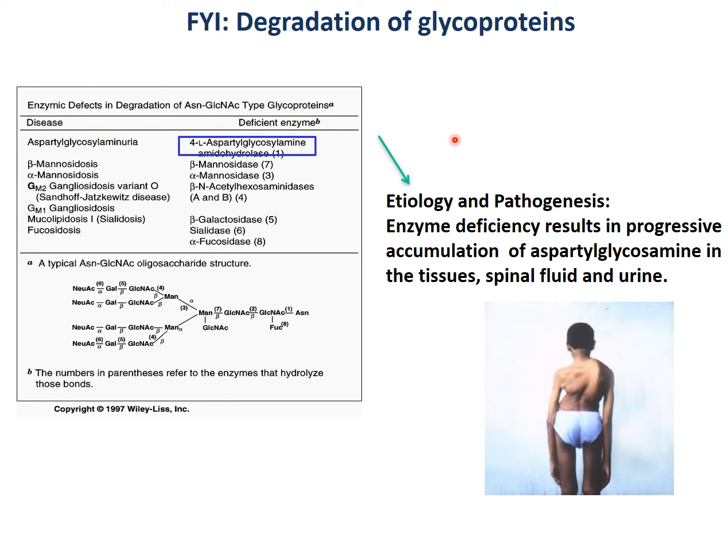Again, for your information only, this is what you see. This is the very first enzyme here. So if this very first enzyme is missing, everything can be degraded from this complex carbohydrate. The protein can be degraded, but this single amino acid, asparagine, will be found bound to an acetylglucosamine.